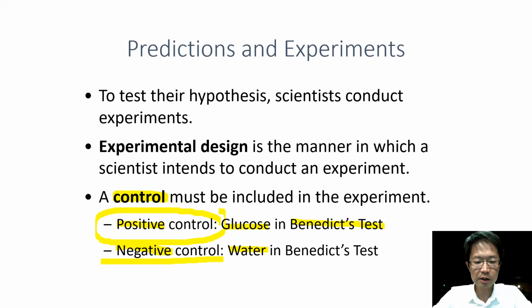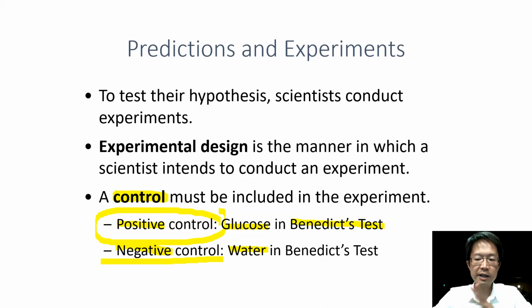So this is only the Benedict test, and in the experiments later in this semester, you will not only test glucose, you will also test starch, lipid, fat, and so on. We have different types of tests, but the Benedict test is only used for testing glucose or reducing sugar. So let me give you an example.